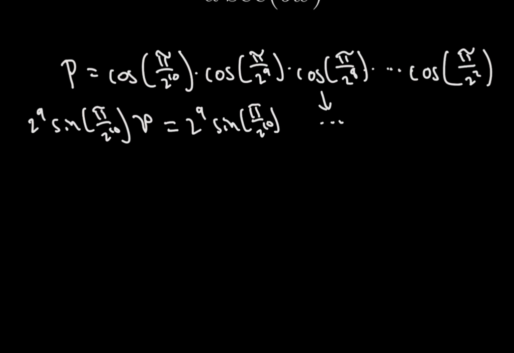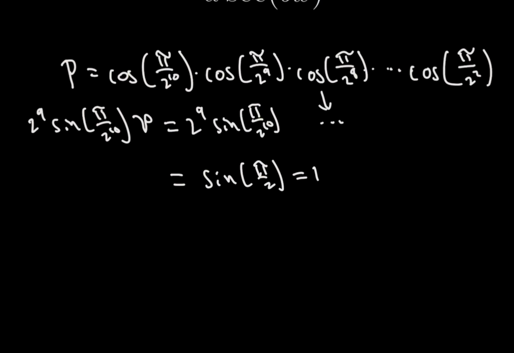Dot, dot, dot. What we end up seeing is if you do all the steps of applying the double angle formula over and over again for sine, we're going to get that the product on the right is going to equal sine of pi over 2, which is double the angle of sine of pi over 2 squared. And obviously the sine of pi over 2 is just 1. It's at the top of the unit circle. So this is equal to 1, right?